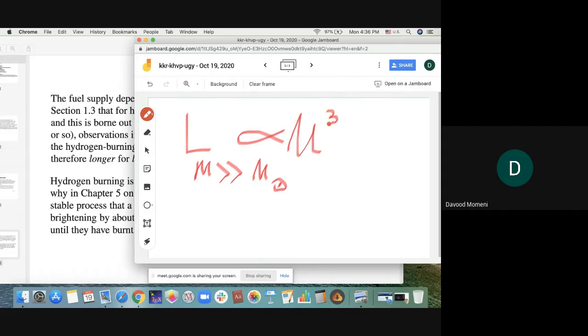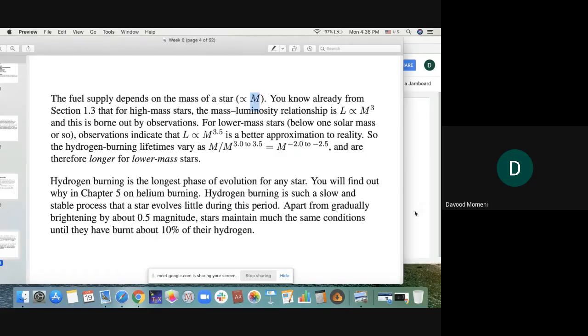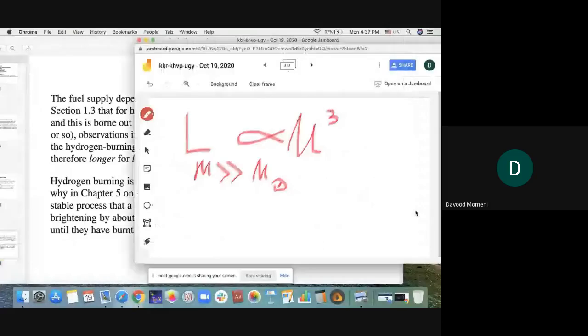So the cube of m is what we know from the observations. For lower mass stars, from the observations, they estimated that this will be proportional to something like m to the 3.5.